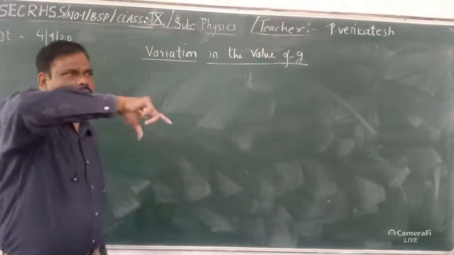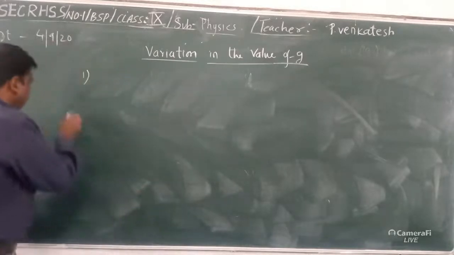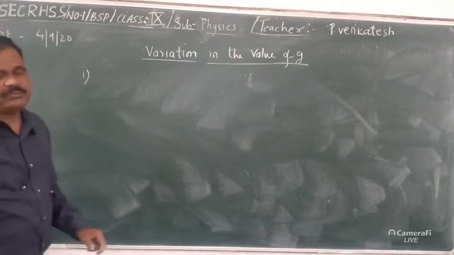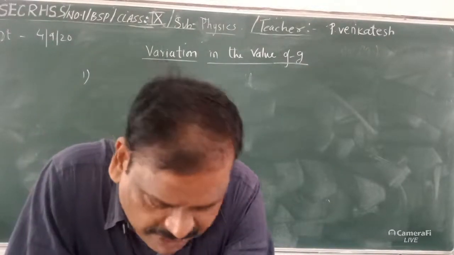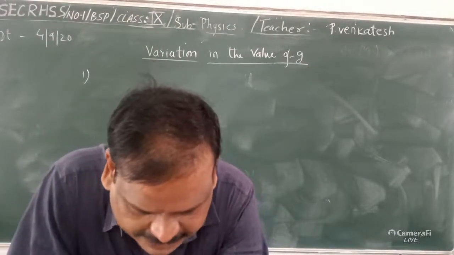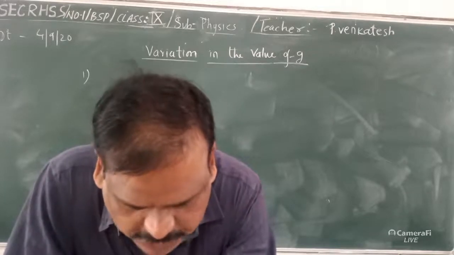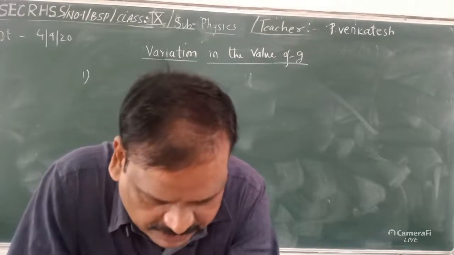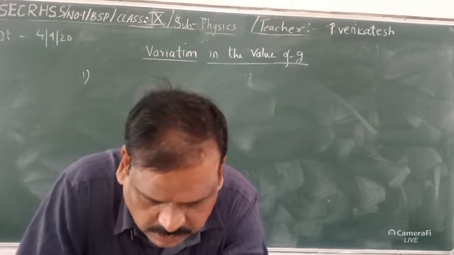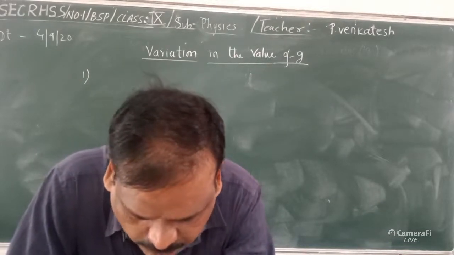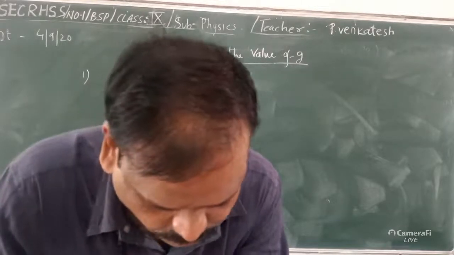Earth is not round. Shape of the earth is not perfectly spherical. It is egg shaped and its radius at the pole is smaller than that of the equator. So g increases from equator to the poles. The value of g is more at poles than at the equator.